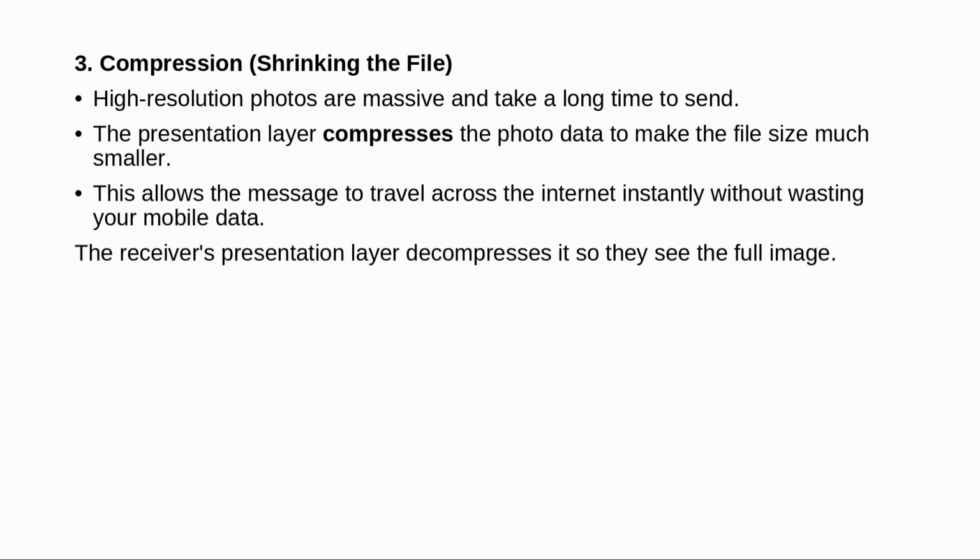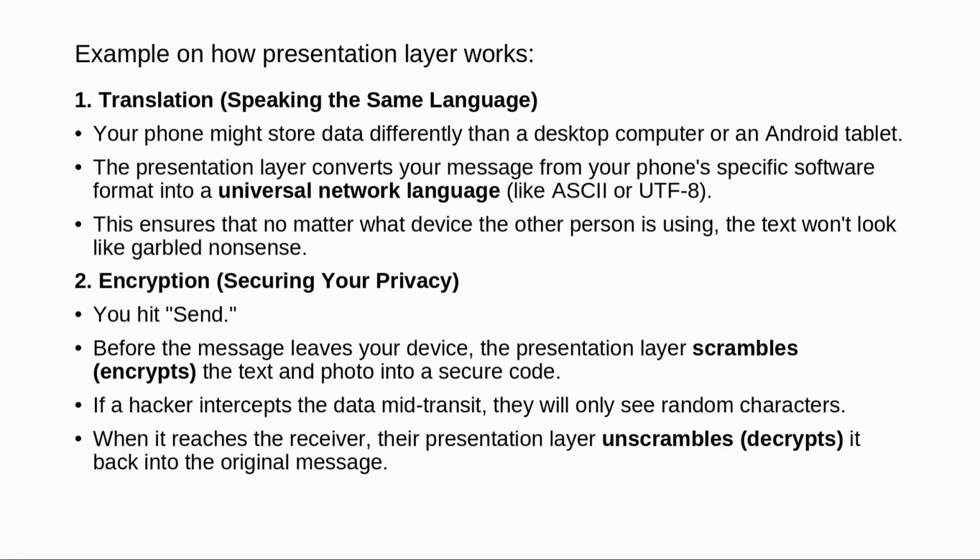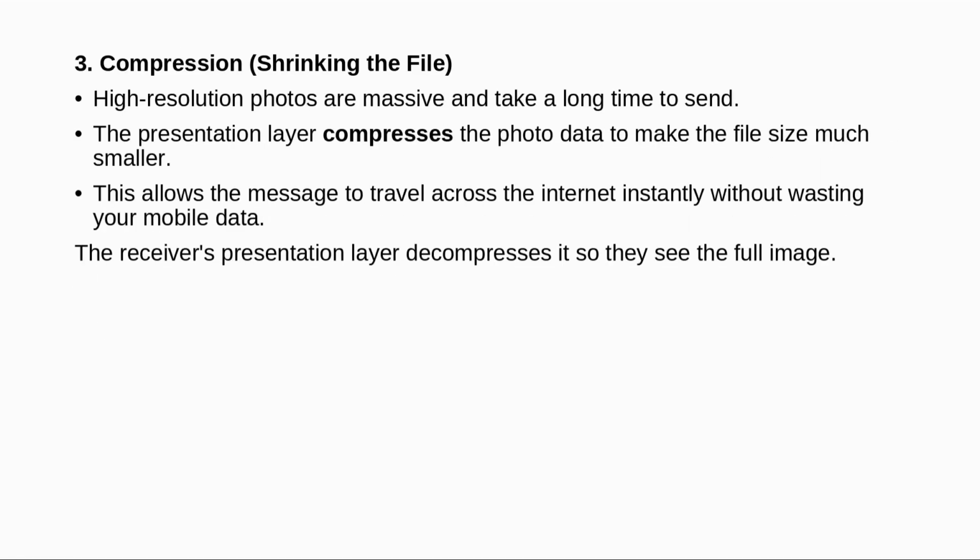So the receiver's presentation layer decompresses it so they can see the full image. Basically, you will get the same resolution of the data, but what the presentation layer does is resize the file size, and once it reaches the receiver side, it decompresses it, and you get the same resolution of the image. So that is basically how the presentation layer works: translation, encryption, and compression.